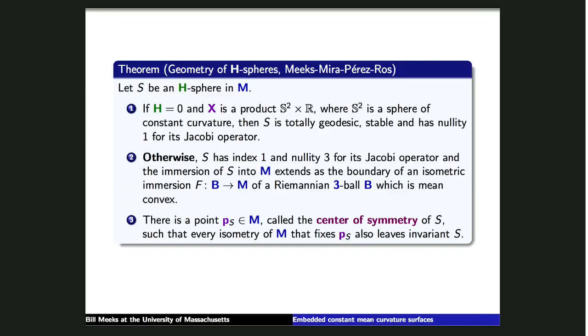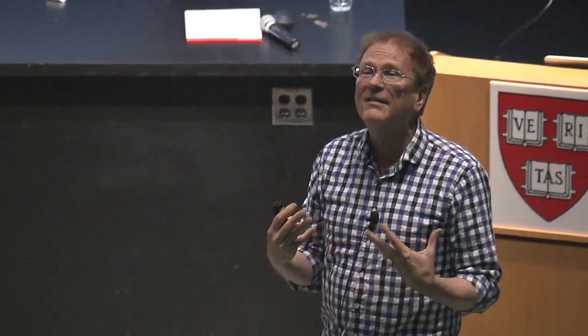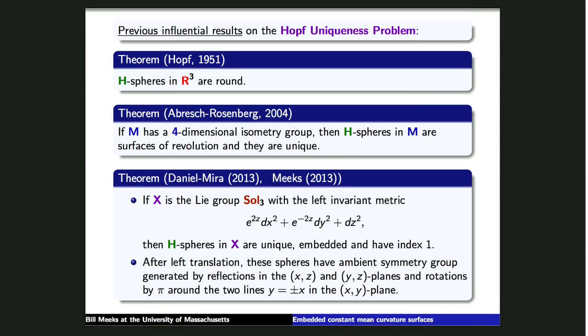There's a point associated to M called the center of symmetry of the sphere. And every isometry of that ambient space that fixes that point also leaves invariant your sphere. So it's maximally symmetric, which you would maybe expect to happen if you have uniqueness. Okay. All right, so where does this theorem come from?